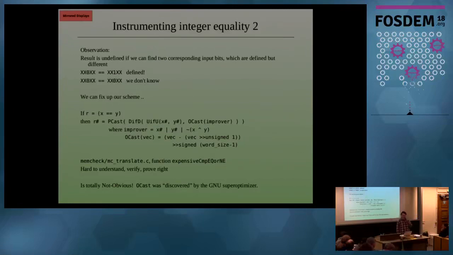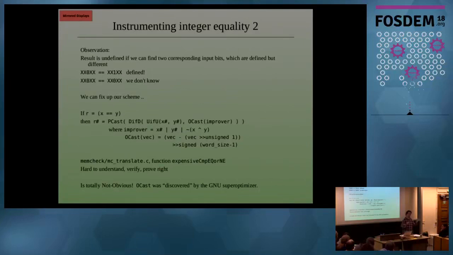So yes, we can fix up the scheme like we did before. We're going to take our naive version, which is UifU again, but this time we're going to generate some improving term which improves the result, makes it more defined, exactly by looking for bit pairs like this, which are different but defined.